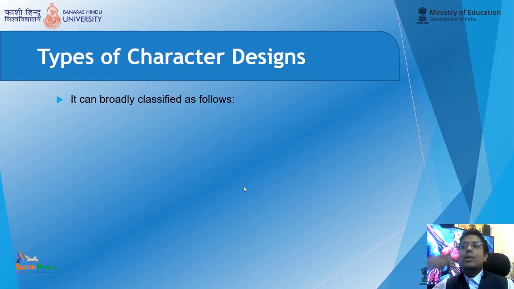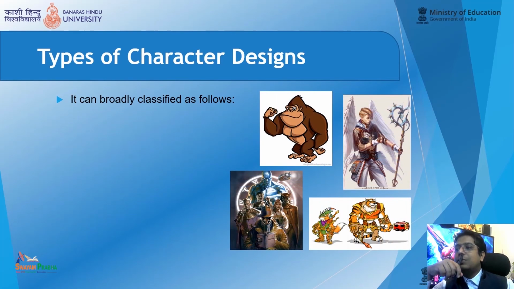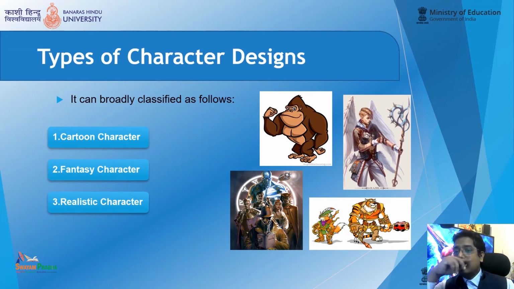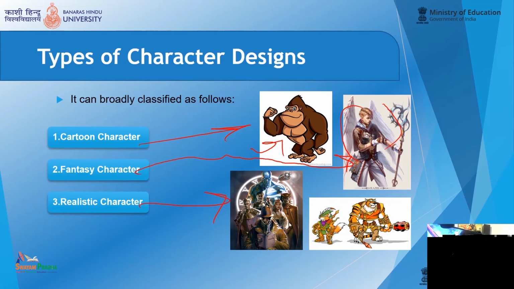So what types could character design be? We can segment it into first, cartoon character, second, fantasy character, and third, realistic character. See, this could be an example of a cartoon character, right? If you're talking about a fantasy character, this is a fantasy character. And a realistic character looks like a human, with a realistic look and feel.